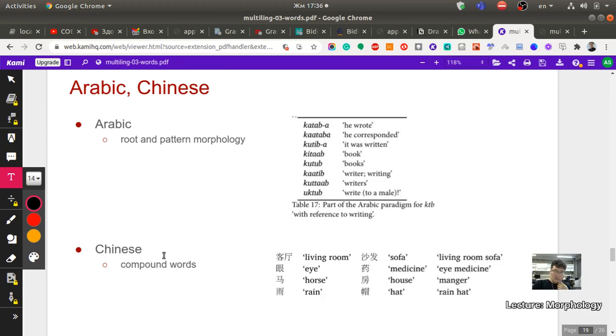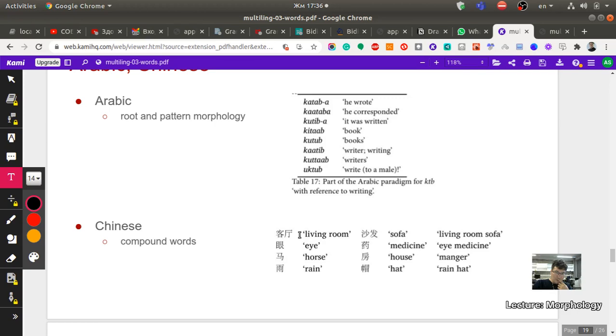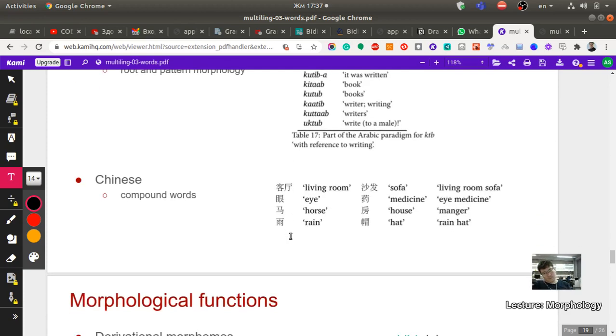So Chinese is also different. They try to make compound words, as I see: living room sofa. So to this something, and eye medicine, horse house, manger, rain hat, etc. So they try to combine two words.